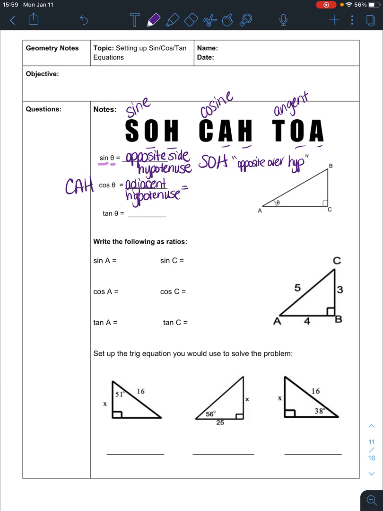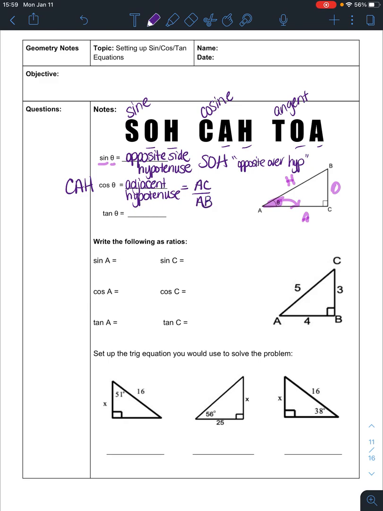In this case, adjacent to theta, if you go back and look right here, here's our theta. Adjacent to theta is AC. This is adjacent, this is opposite. So adjacent would be AC over the hypotenuse, which is AB.